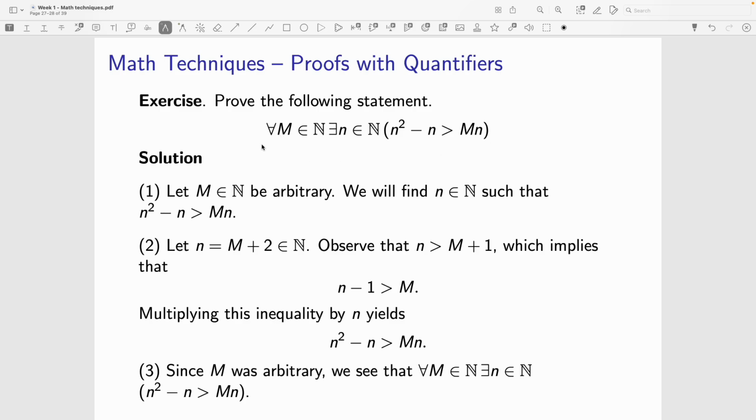This statement is saying that for all m in the natural numbers, there exists an n in the natural numbers such that this inequality is true. The order of the quantifiers is super important.